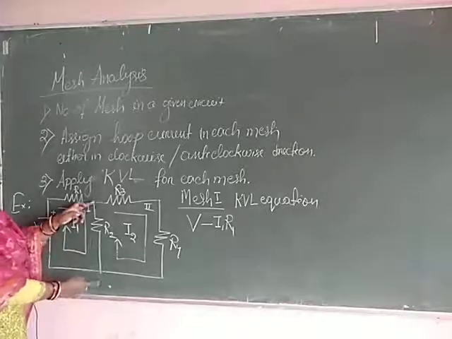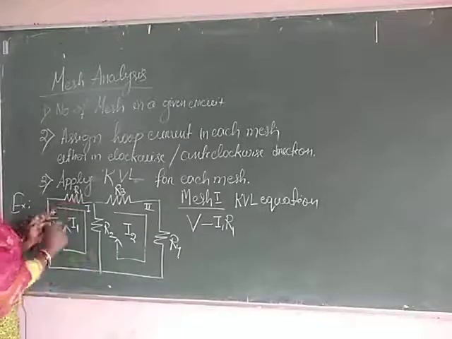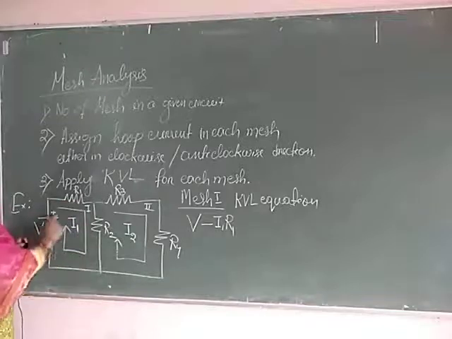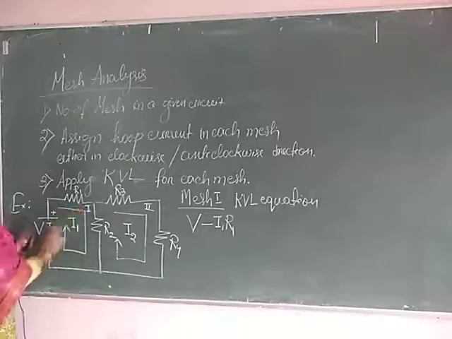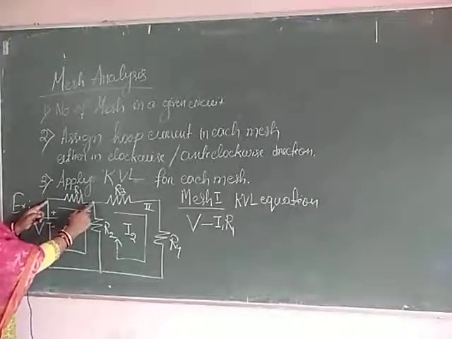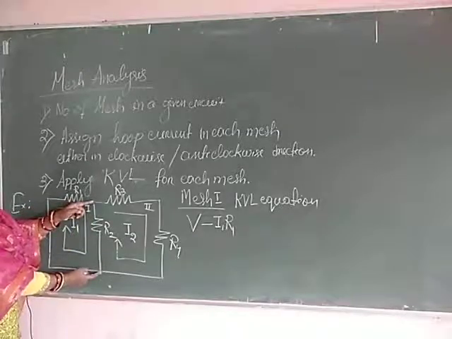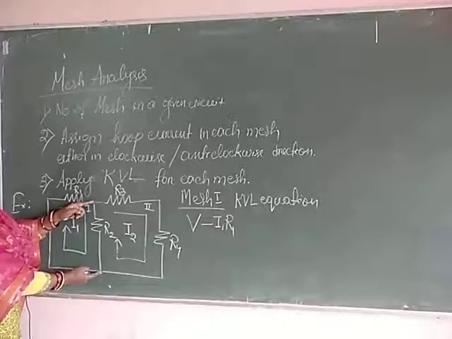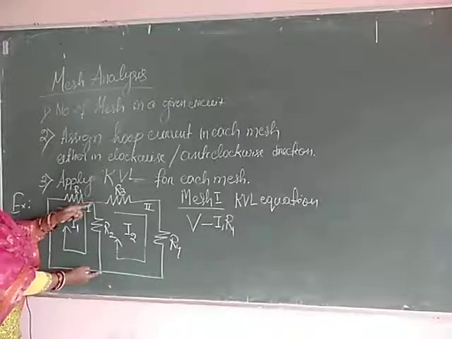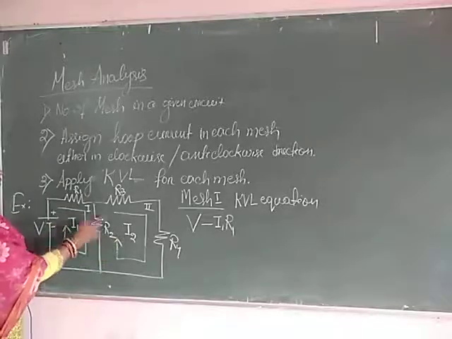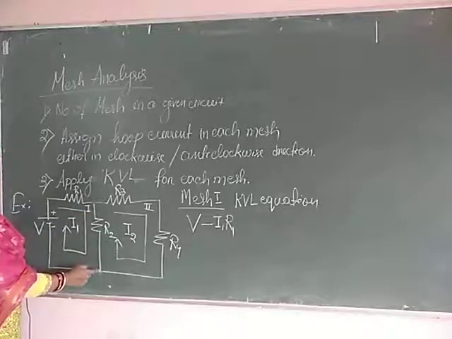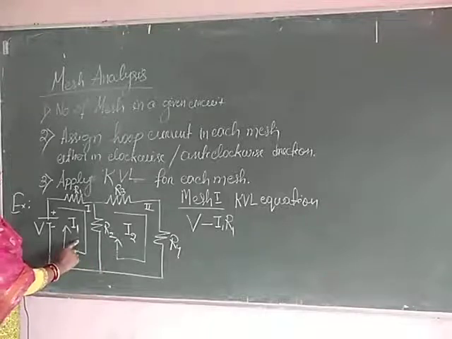Then come to the potential difference across this point. As we write the KVL equation of this loop, we already found this potential difference and this potential difference. Now we find this potential difference. Here, the current flowing through this part, that is R2, is the loop current of both I1 and I2, as it is the mutual resistance, or we may say it is the common resistance for loop 1 and loop 2.